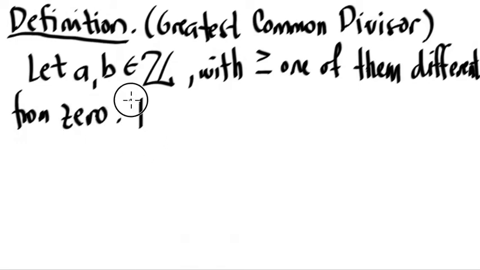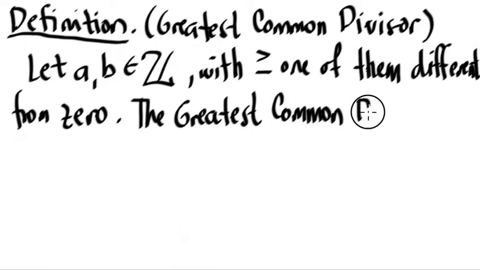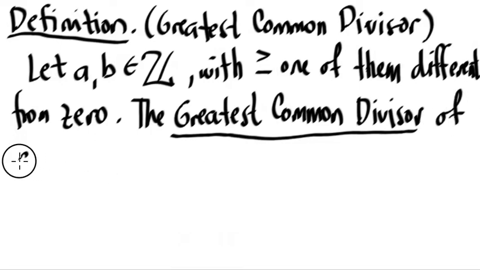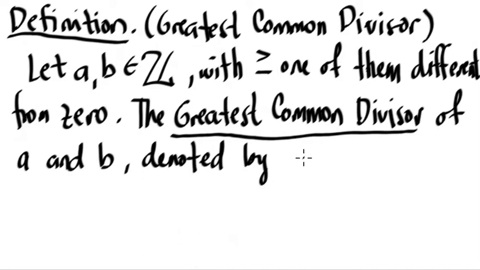The greatest common divisor, sorry, I always use the word factor. The greatest common divisor of a and b is denoted by GCD of a and b.